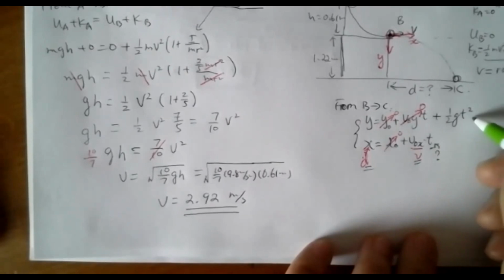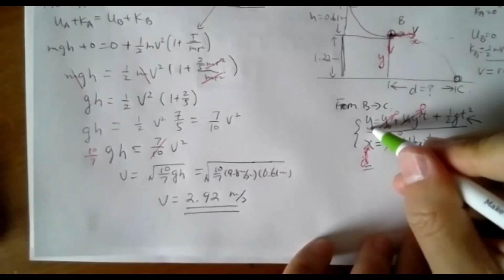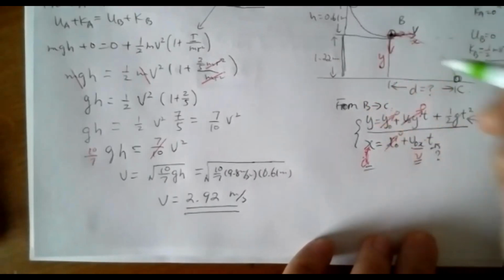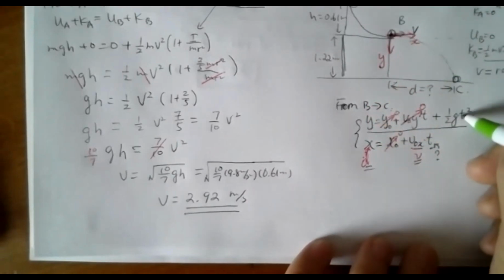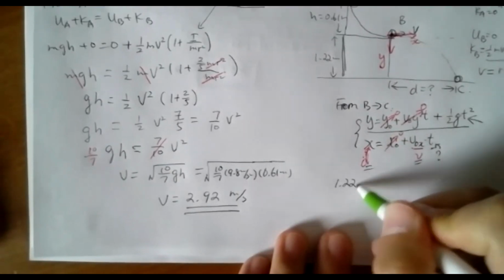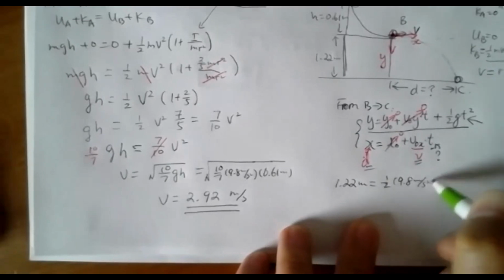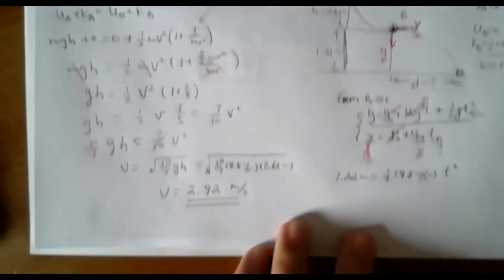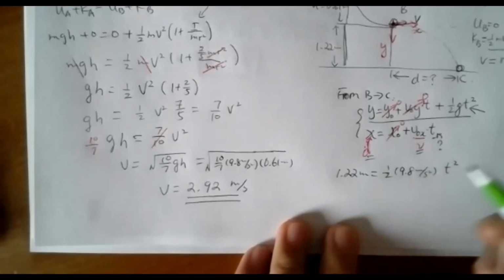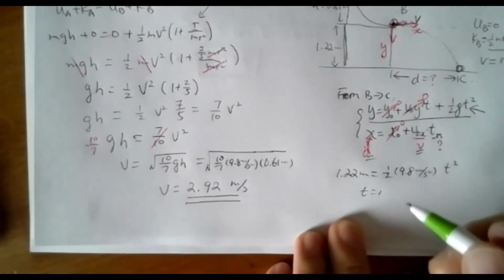To solve for t, you turn to this equation, because y is given as 1.22, that's the height here, and g is constant. So 1.22 meters equals 1/2 times 9.8 meters per second squared times t squared. Then solve for t. I think you guys can do that.